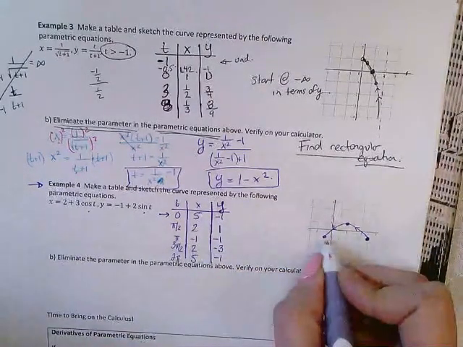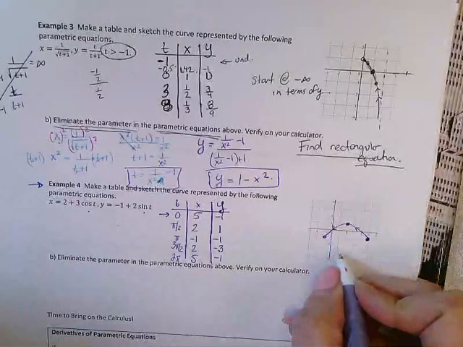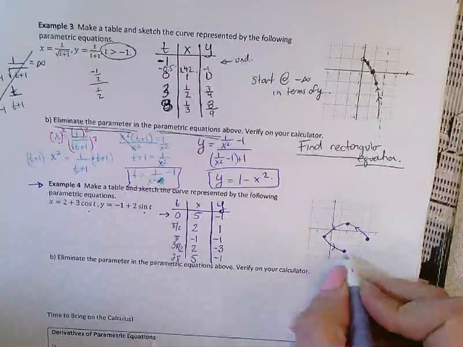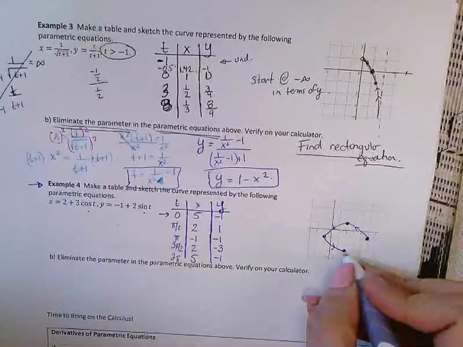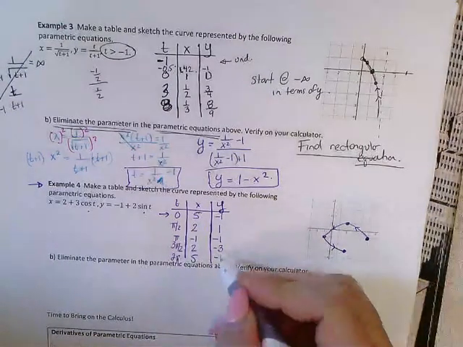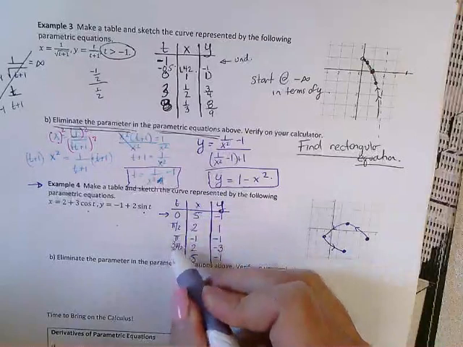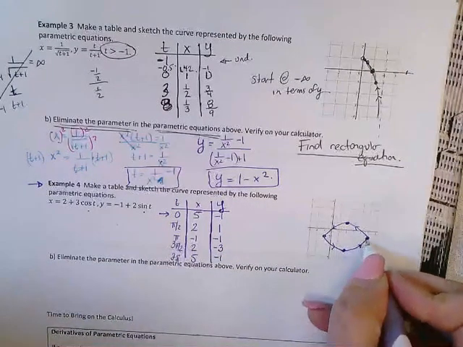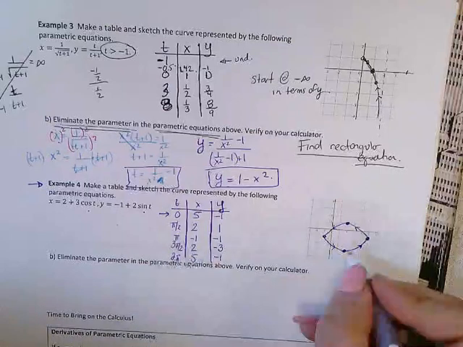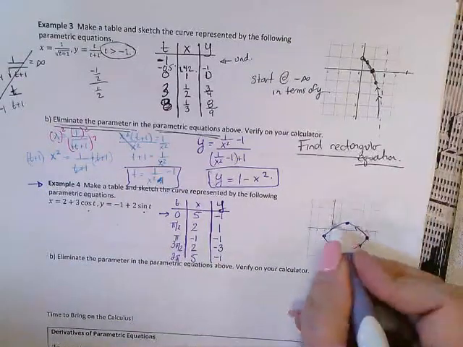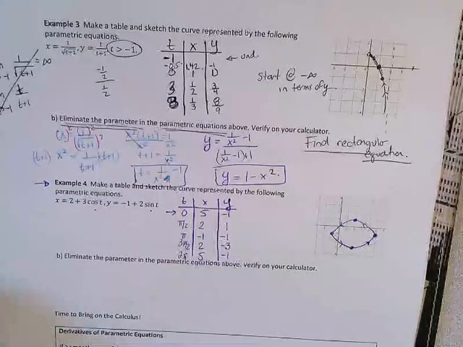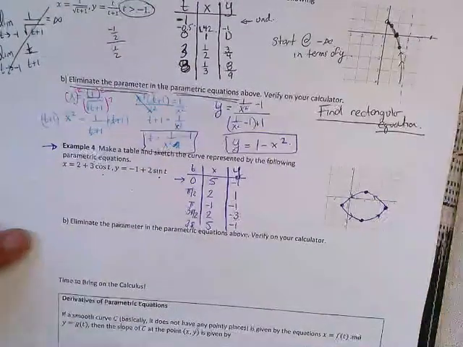Our next point is going to be 2, negative 3. Our next point is going to be 5, negative 1. So here's why we focus just on this basic unit circle, because what happens after 2 pi? It just starts repeating. Okay? Alright, do the same thing here.